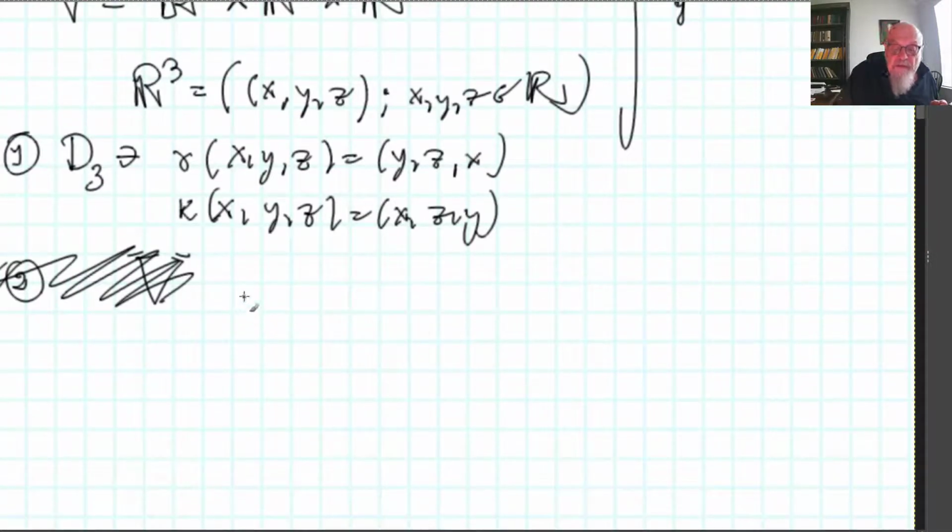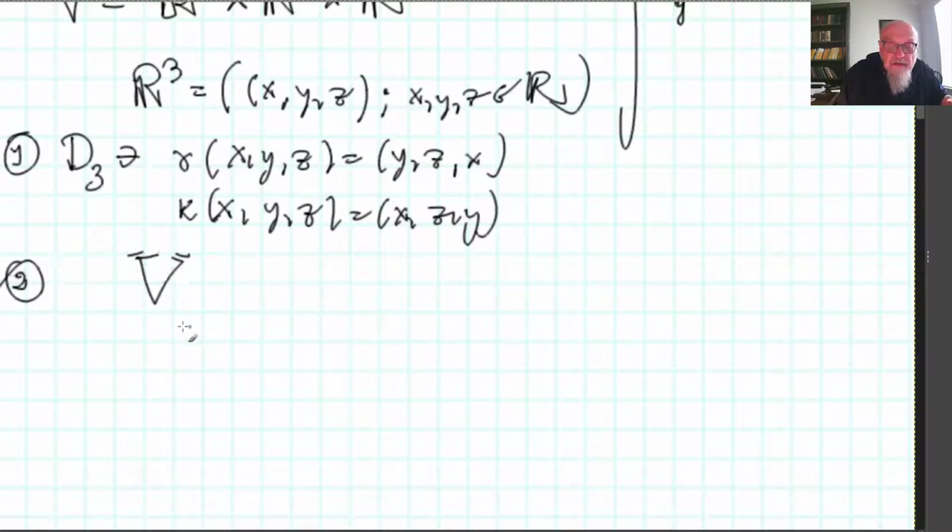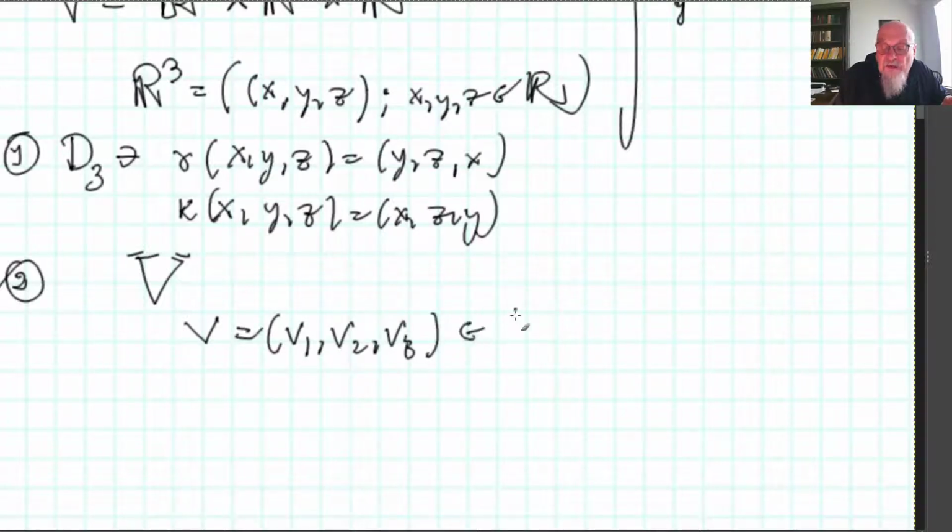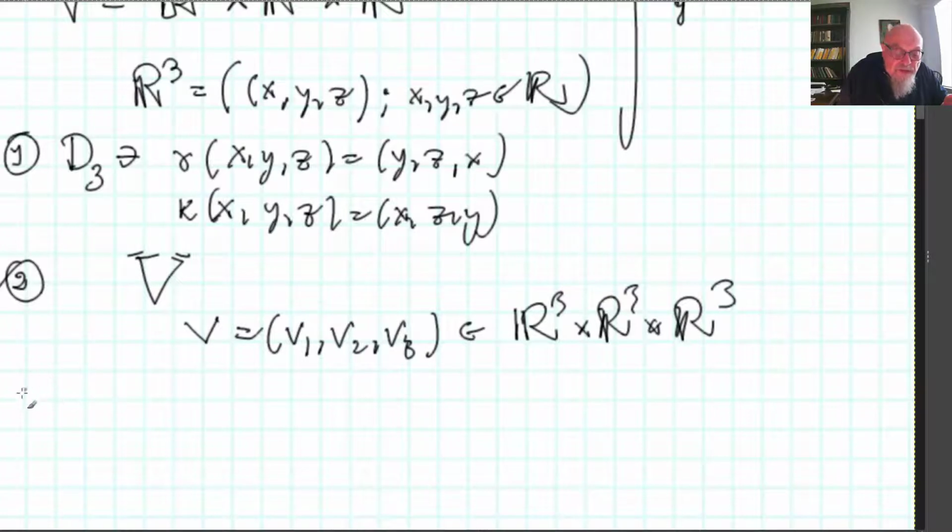So simply let's write it down. This is vector 1. We have all 3 vectors. So we have here vector V, which is equal V1, V2, V3, and this belongs to this R3 times R3 times R3. So this is the first copy of D3.